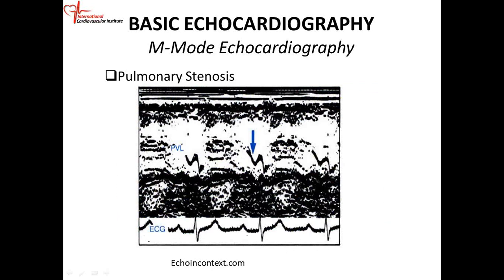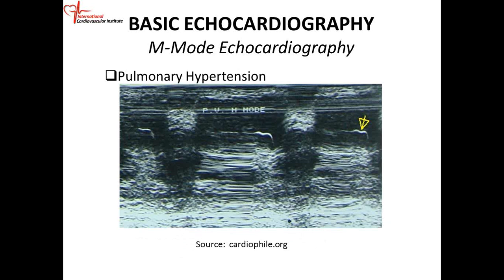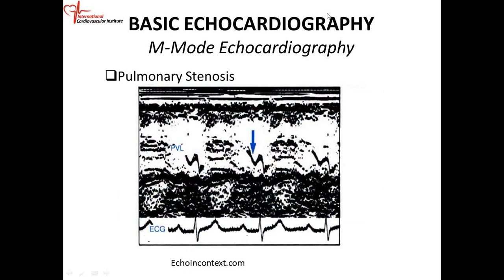So it's the opposite to what you'd get in pulmonary hypertension, where you lose your A wave. In pulmonary stenosis, you get this so-called flying Doppler.